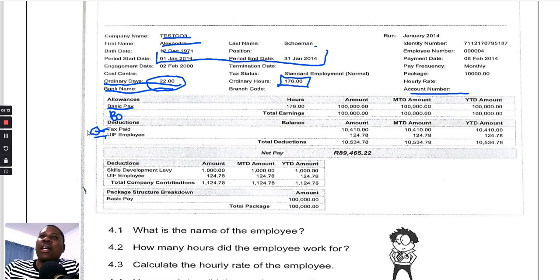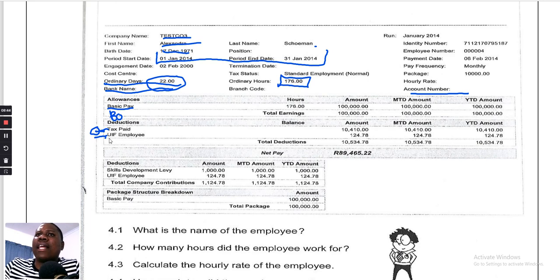It's not everyone that is employed and paid who is paying tax. It differs based on the amount that you are earning and the tax threshold. If you are earning less, there is no need for government to tax you. So there is a tax threshold according to your age and your annual salary. I will explain more in the next video about the tax.